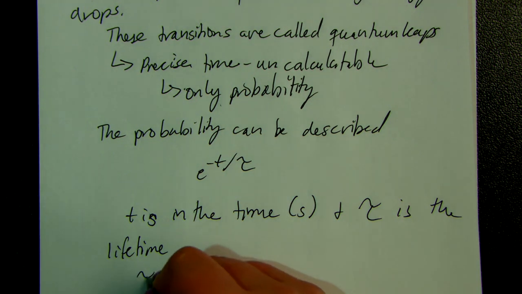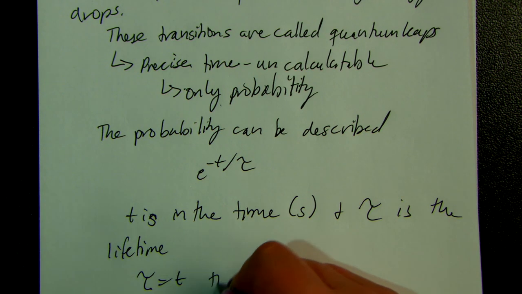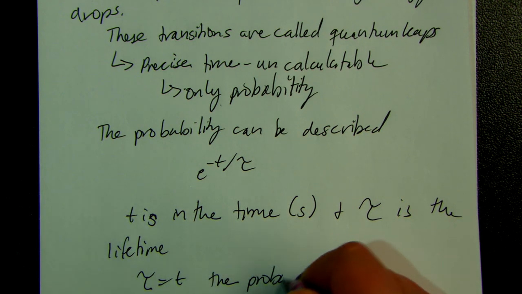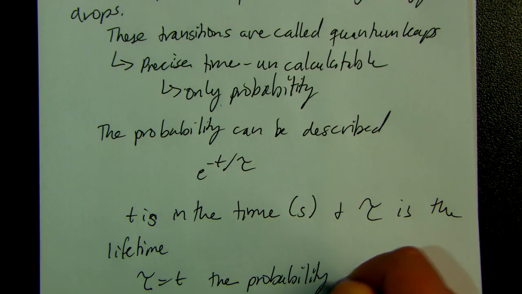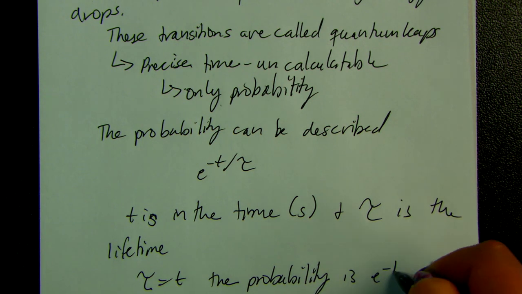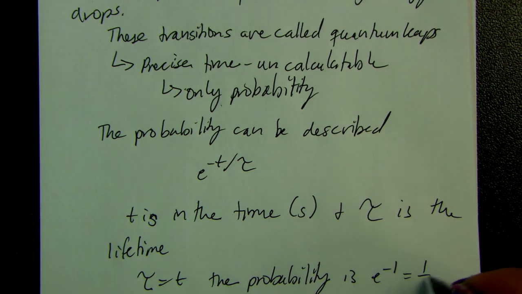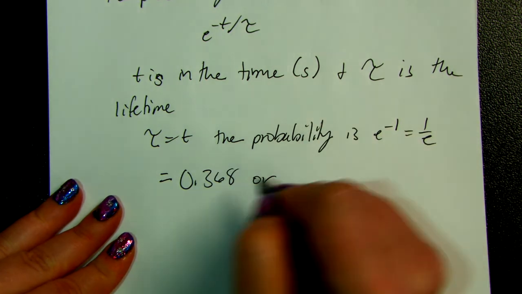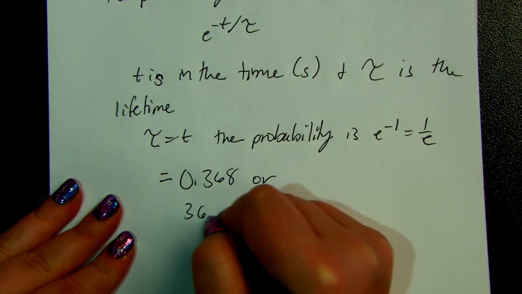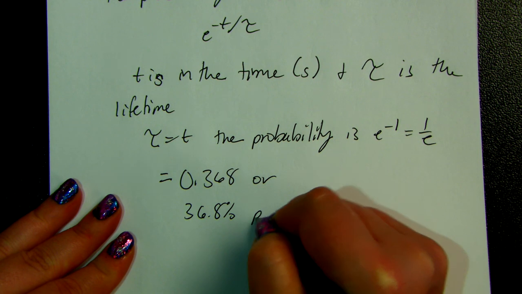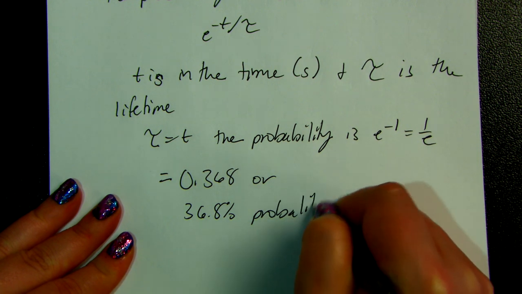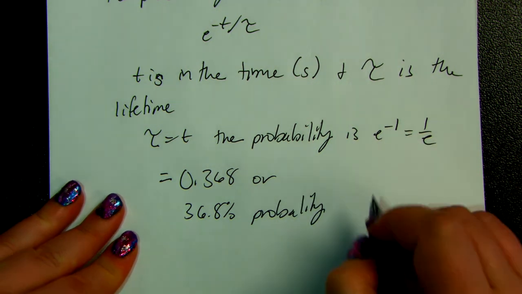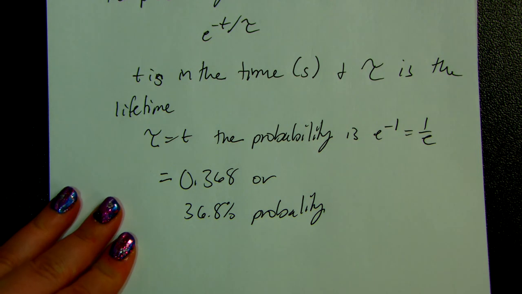So when tau is equal to t, the probability is e to the minus 1, which is 1 over e, which is 0.368. Or you can think about that as there's a 36.8% probability that it is still excited.